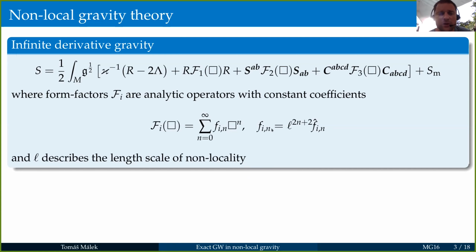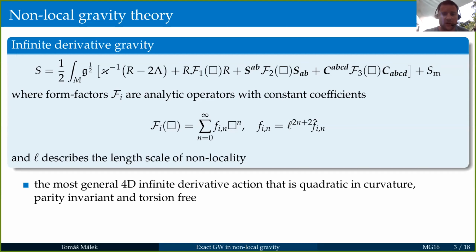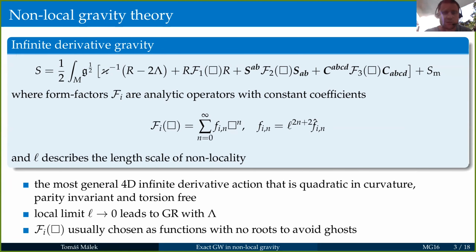And we introduce this L, which describes the length scale of non-locality, which is hidden here in the form factors. So yeah, as I said, it's more general, and in this form, if L goes to 0, we recover GR with cosmological term.